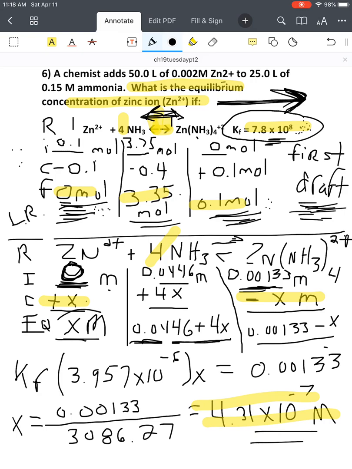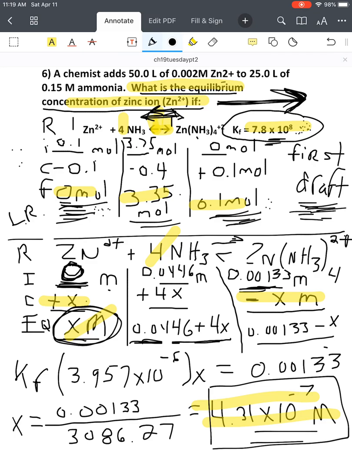Well, for one, it tells me my equilibrium concentration of zinc, doesn't it? And in the problem, if I look back, that's what I was asked for. So as a consequence, this x value that we solved for is basically the answer to the problem.